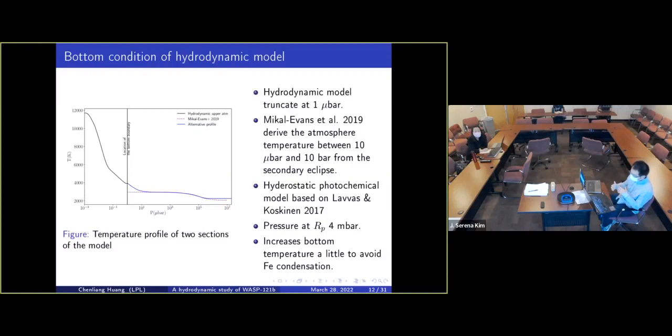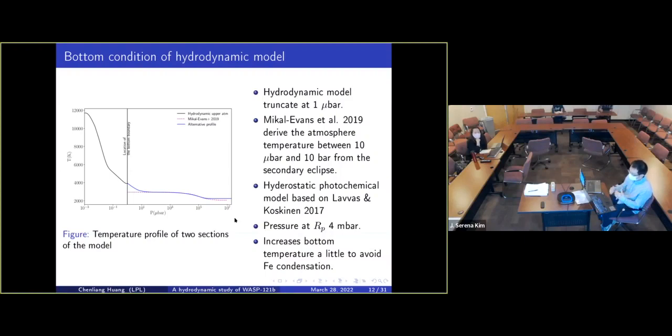Then we have the bottom boundary problem. Michael Evans 2019 used secondary eclipse. It observed the secondary eclipse of the system, and they modeled a temperature profile from 10 microbar to 10 bar. That's the dashed line.